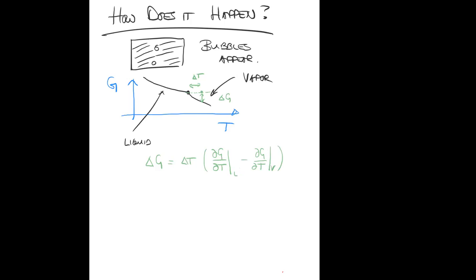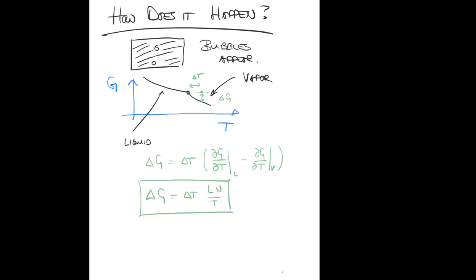But we saw that these derivatives are just related to the entropy, and we previously related the entropy to the specific heat, to the latent heat. So this can also be written as delta G is delta T times the latent heat, times the number of particles, divided by the temperature.